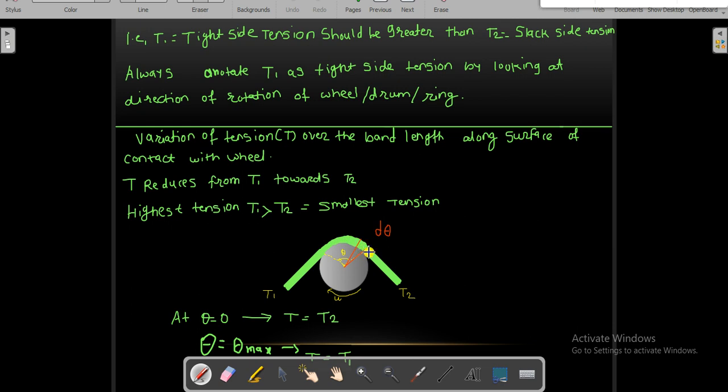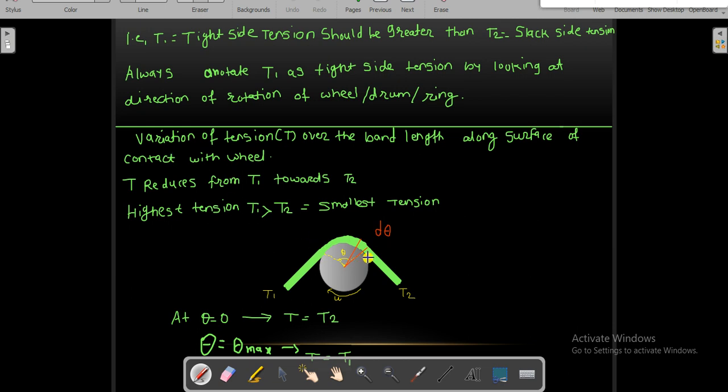In other words, if you move from the T2 point of contact, the tension in the band at this point will be T2 and smallest, and will go on increasing as we move towards the other point of contact, where the tension will be T1, which will be maximum.